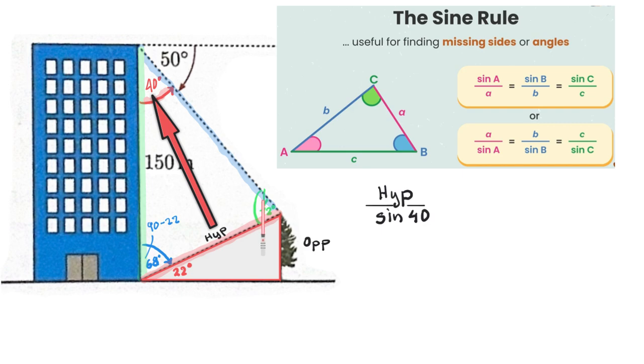Or we can use the angle 72 with the green side of 150 meters, which is the side of the wall. And so we will use the length of the wall, which is 150 meters, over the sine of 72.